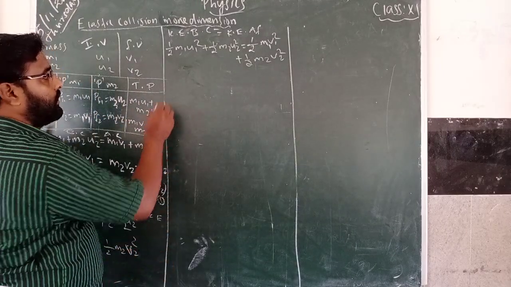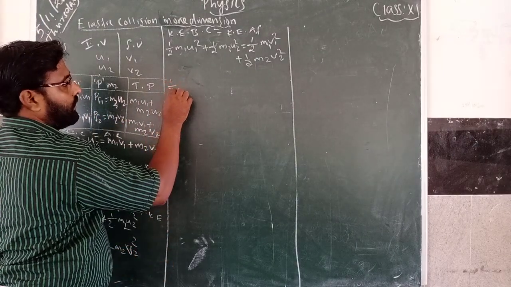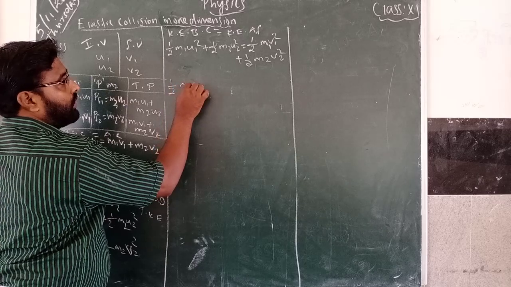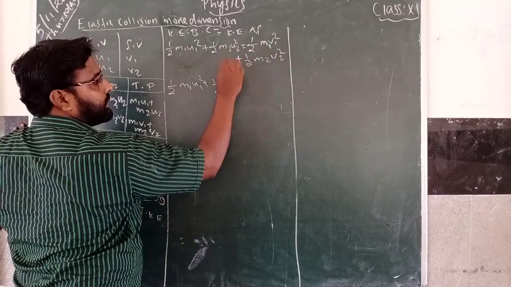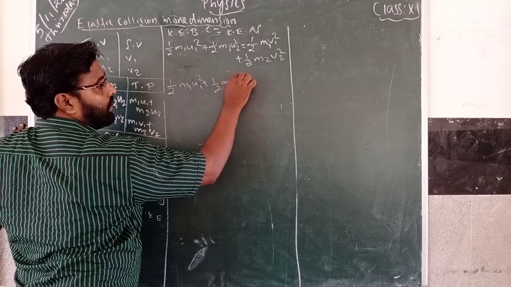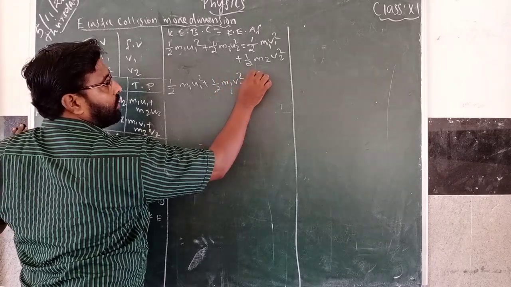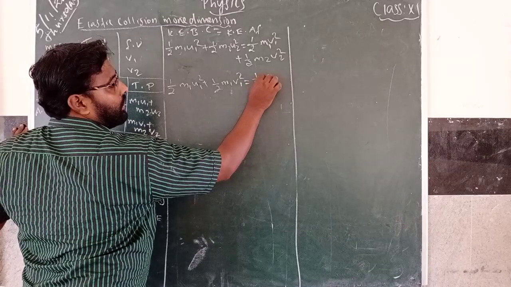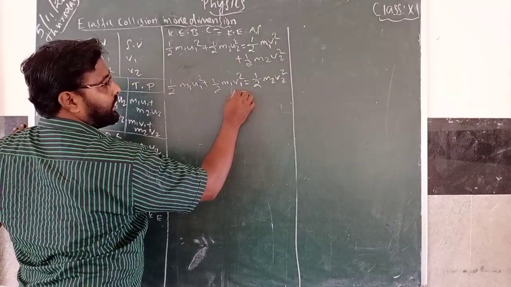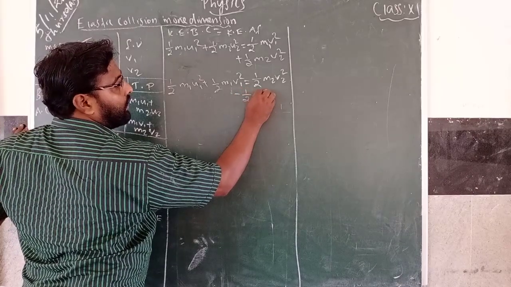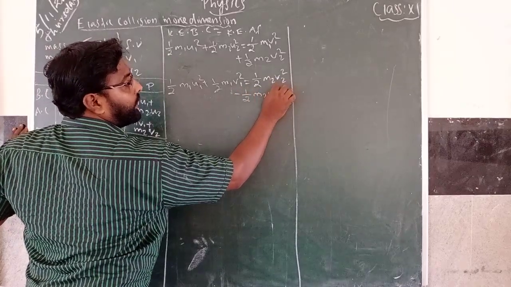Rearranging, we write half m1 u1 square, taking half m1 v1 square to this side, minus half m1 v1 square is equal to half m2 v2 square, taking half m2 u2 square to that side, minus half m2 u2 square.